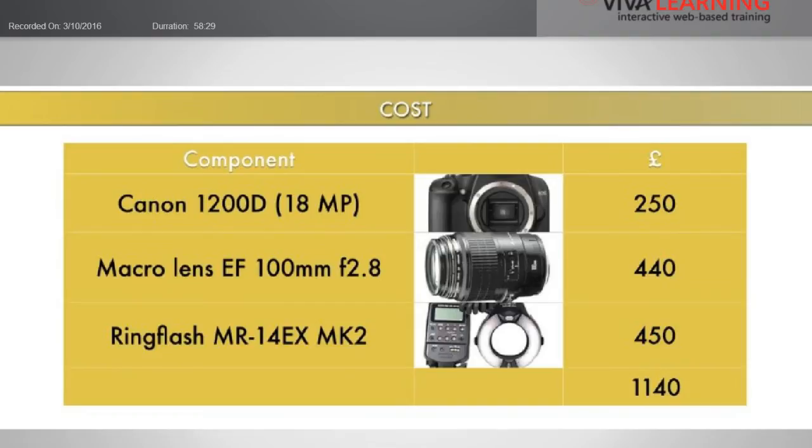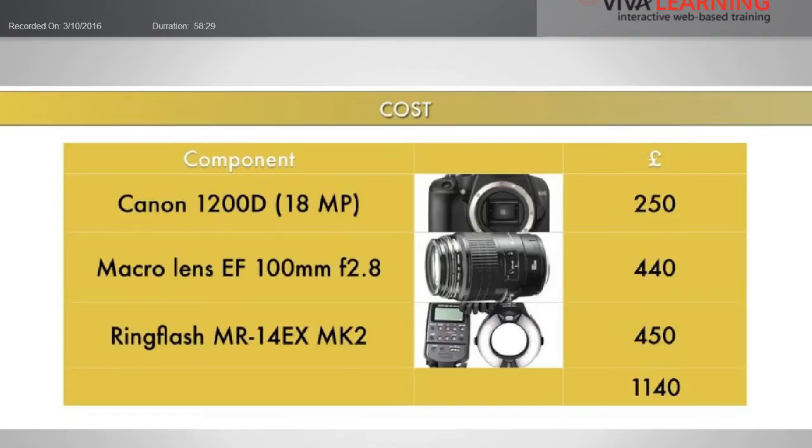Something like the Canon 1200D, which is very much the entry level, or if you're in America, one of the Rebel series, basically the cheapest Canon Rebel that you can buy. The macro lens, as I say, you could use a 60mm lens, which will save you perhaps £100 or so.